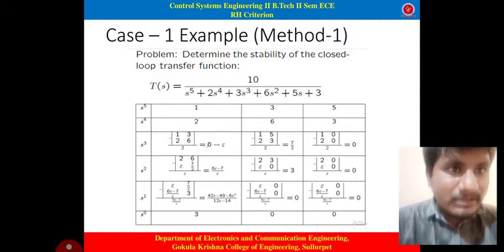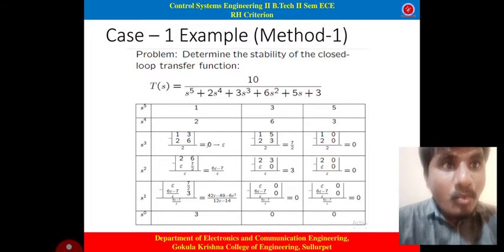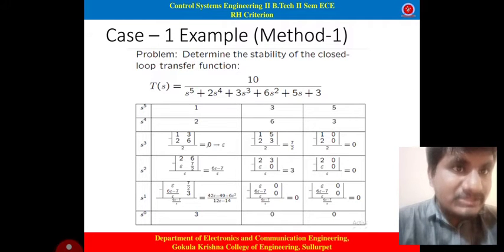Similarly, for the second term of the s power 3 row, we take 1, 5, 2, 3, that 2 by 2 matrix, calculate the determinant and divide it by the same minus 2, which we used earlier.